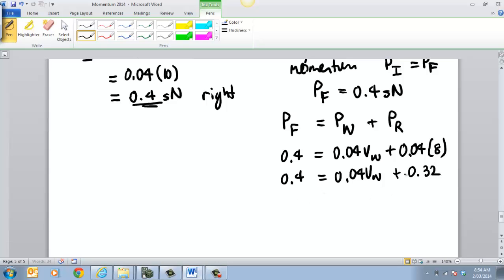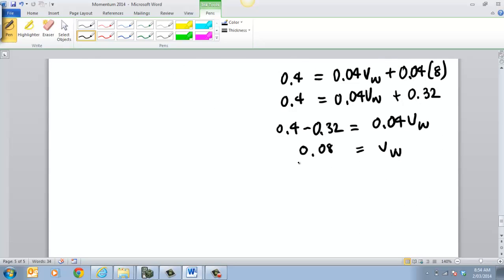Right, so I'm going to bring that across, so that's 0.4 take away 0.32 is equal to 0.04 VW, and that gives me 0.08. Then I have to divide that by 0.04, and that will give me my velocity. When I divide that by 0.04, that's going to give me a value of 2. So the velocity of my white ball has to be equal to 2 meters per second.